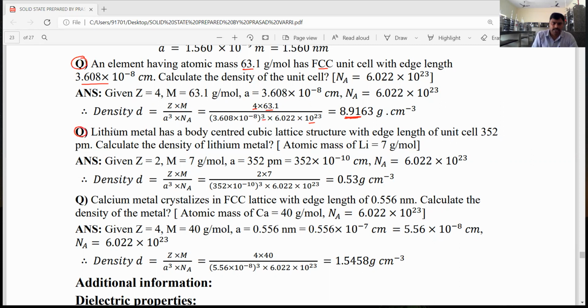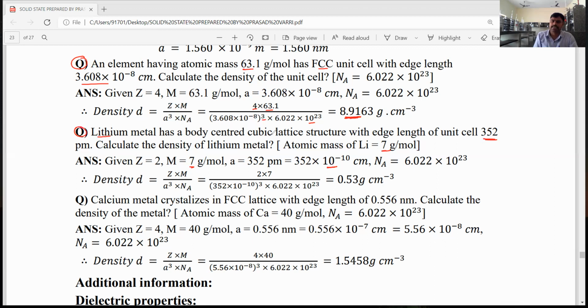The next question: lithium metal has a body centered cubic lattice structure with edge length 352 picometers. Calculate the density of lithium metal. The picometers you have to convert into centimeters. Lithium atomic mass is 7; we have to remember that value, 7 gram per mole.